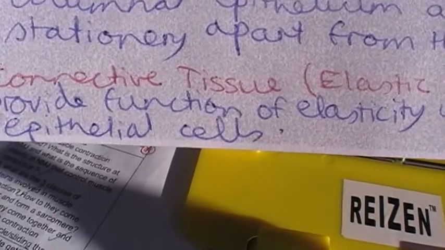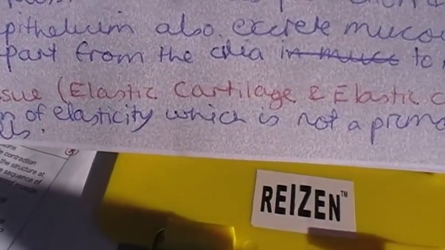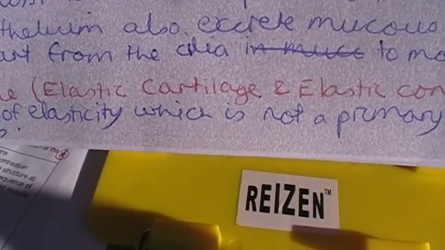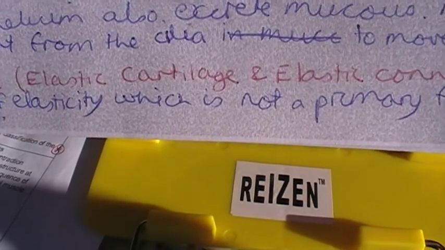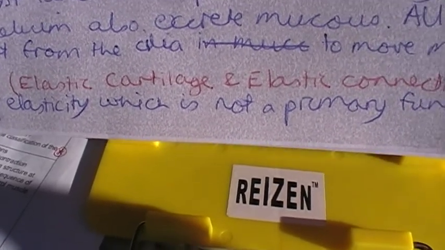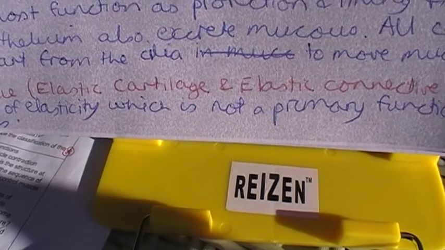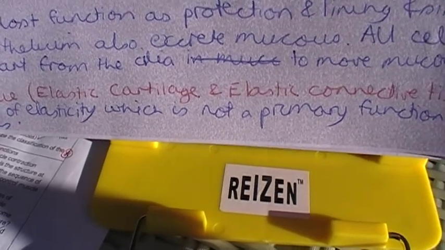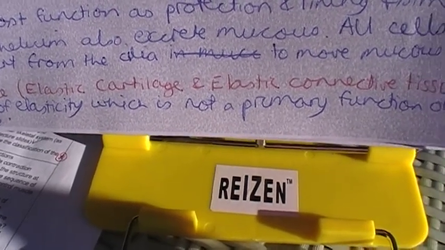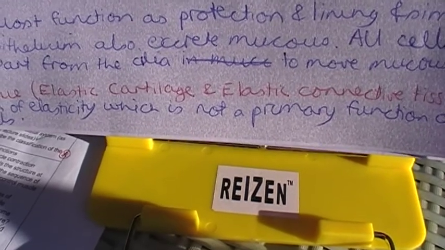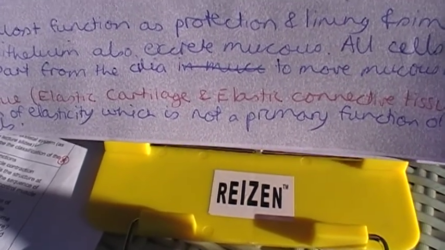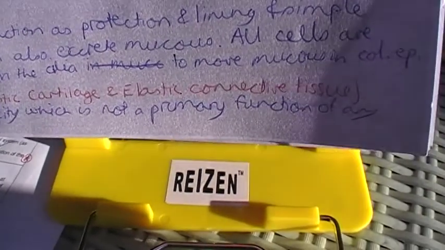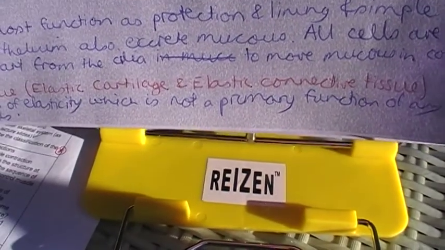In connective tissue, it also has an elastic function that epithelial doesn't. What are the two elastic type connective tissues? Elastic cartilage and elastic connective tissue.